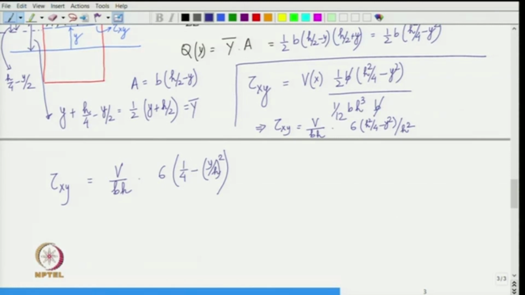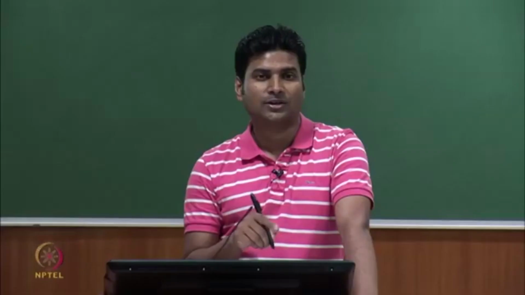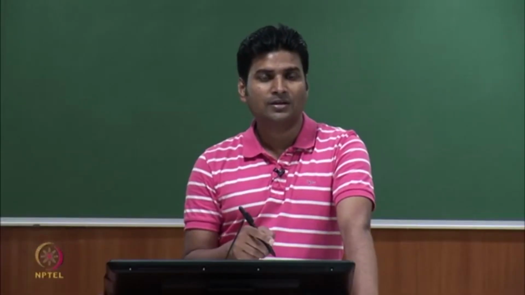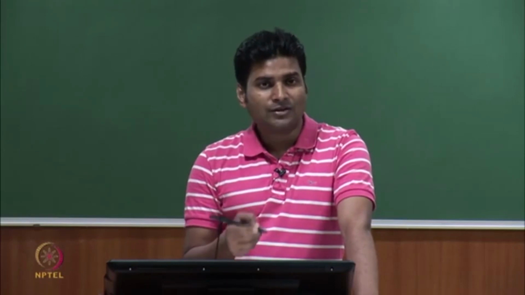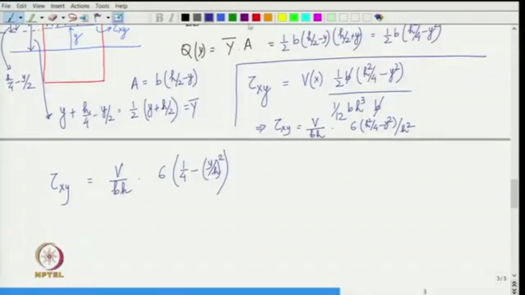V is the total shear force and B h is the total area of the entire cross section. So, V by B h gives me average shear stress, is not it? So, this part is your average shear stress. So, therefore, we clubbed it this way, and then we have the remaining part 6 times 1 over 4 minus y by h whole square.